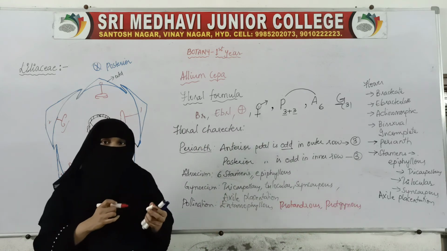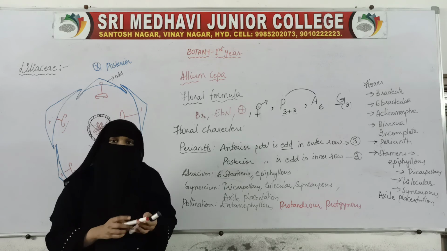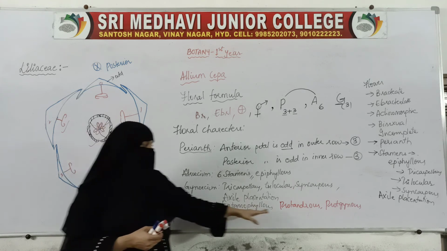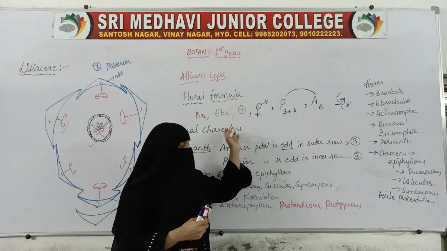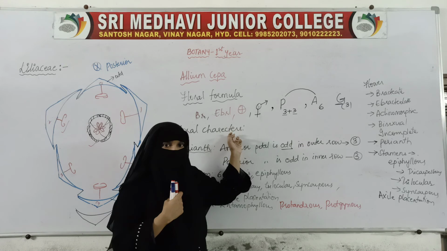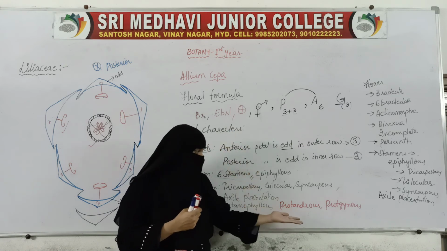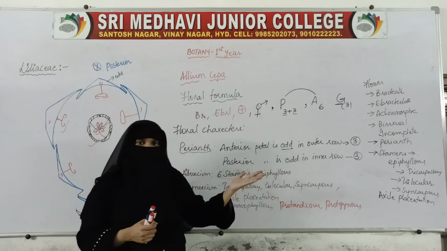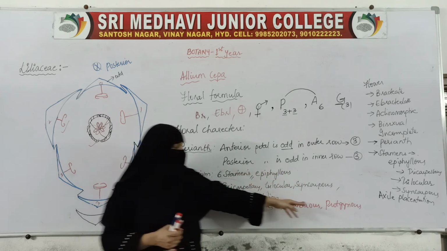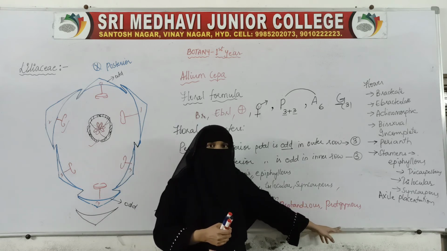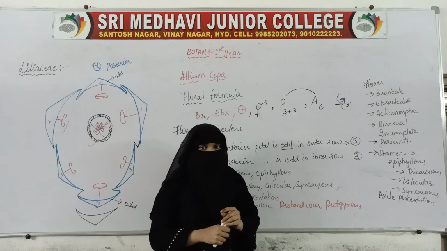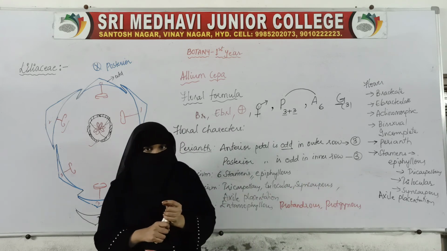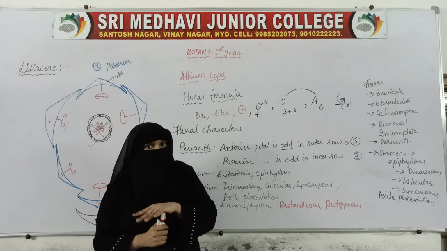So here, in order to avoid self-pollination, because the flowers are bisexual, they exhibit protandry and protogyny. In protandry, androecium will mature first, gynoecium will mature later, and in protogyny, gynoecium will mature first and androecium will mature later on. So this was all about this.